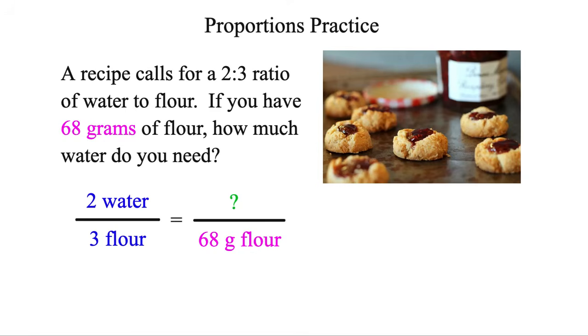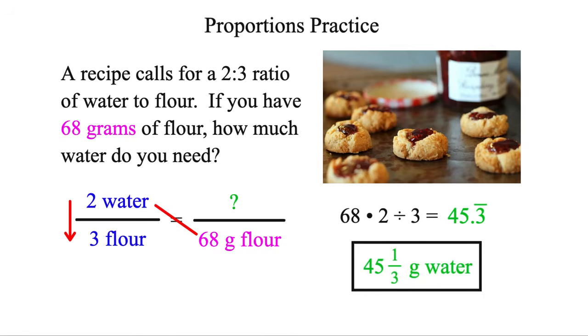Once again, we'll multiply diagonally, divide by what's left over, and we'll get 68 times 2 divided by 3. That'll give us 45.3 repeating. Same thing as 45 1/3 grams of water. So that's how much water will combine with the flour to create this nice consistency.